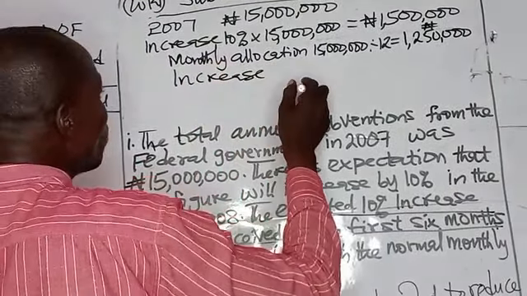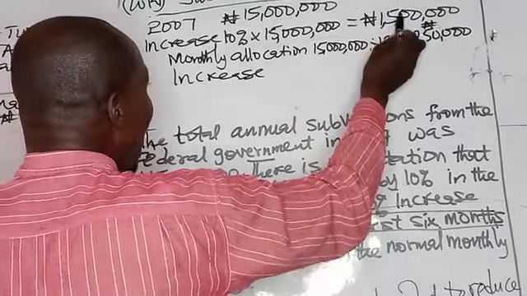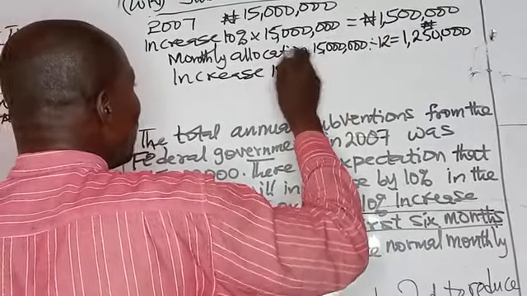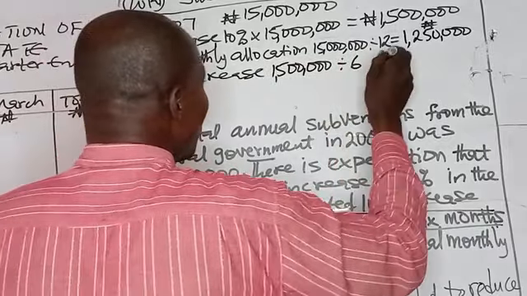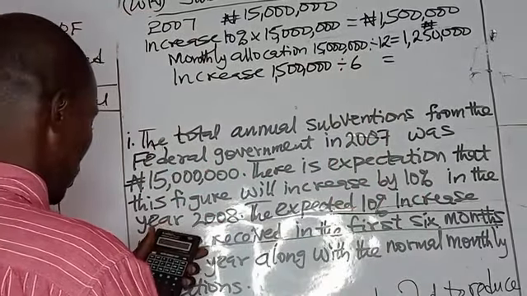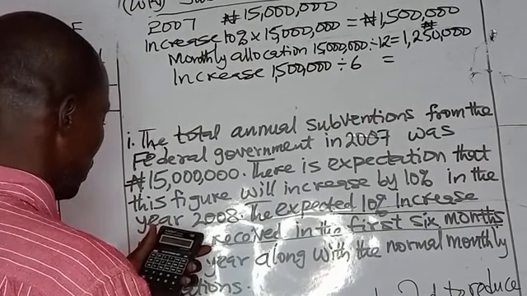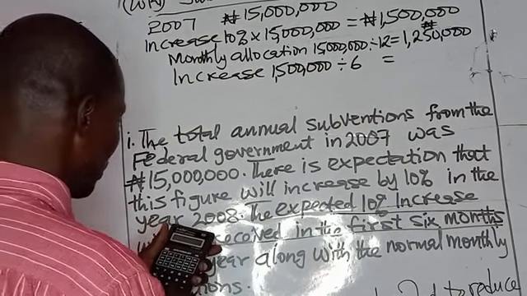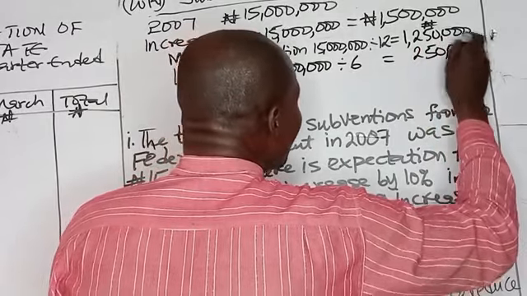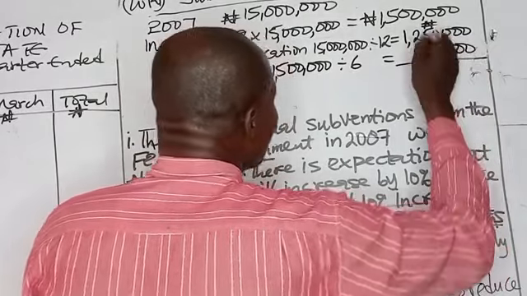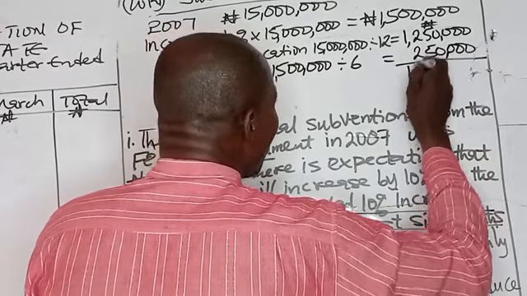Since the increase will be received in 6 months, and the increase is 1.5 million, we have 1.5 million divided by 6 months. That is 250,000. If you add the 250,000 to 1,250,000, you have 1.5 million.